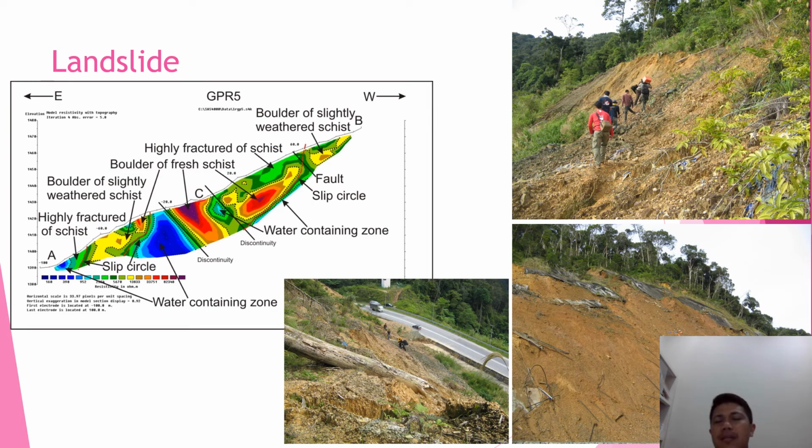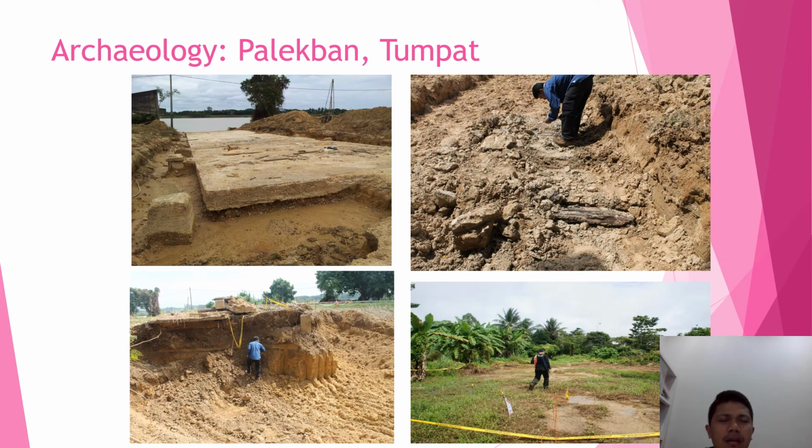Based on this result we also interpreted where the fault plane is, and where the fresh bedrock is. We can see all the material looks highly fractured, and that's why this slope keeps failing.